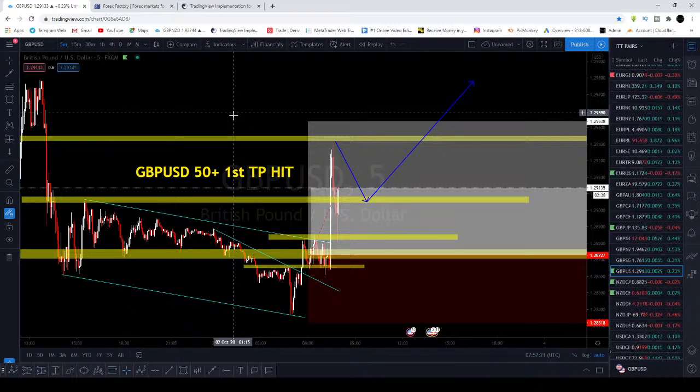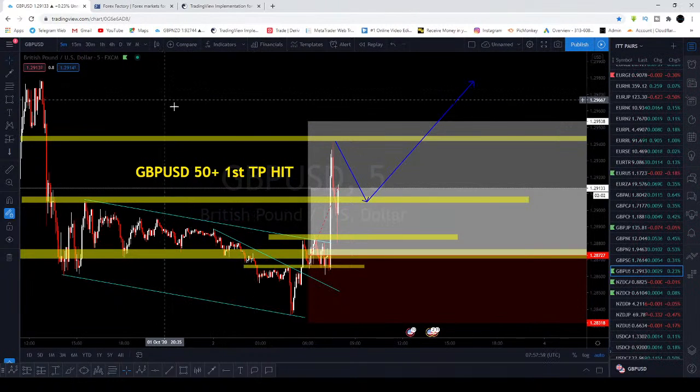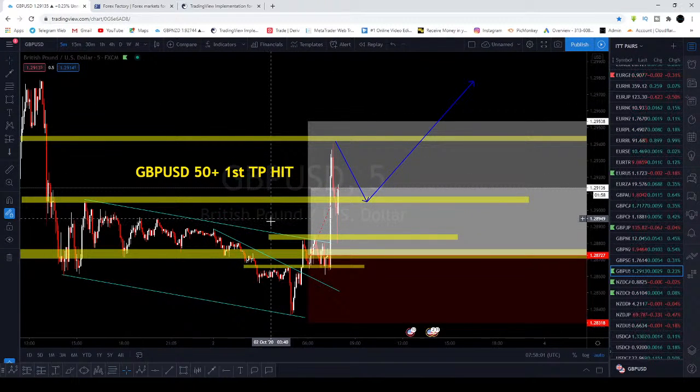Okay. Come on, let's go to second take profit. 80 pips, 80 pips. That's what I'm smelling. 538. Come on, GU. You can move, man. I know you can do this. Come on. Let's go.